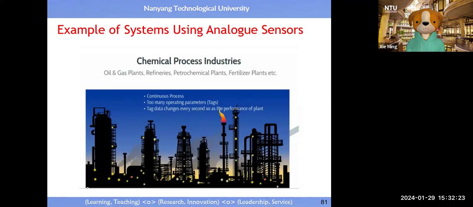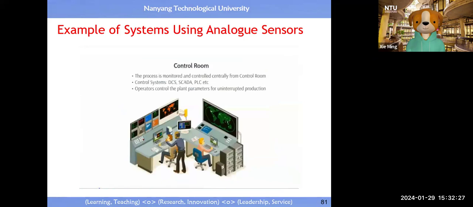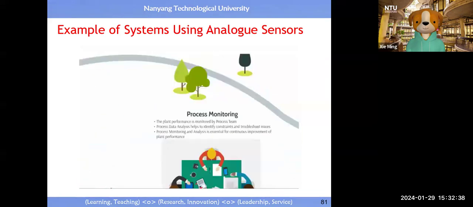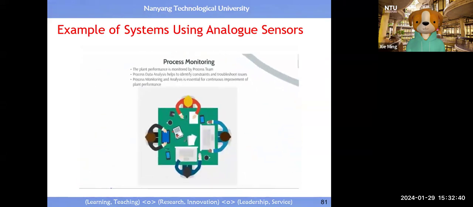These operating parameters are often called tags. Plant operators monitor and control the process conditions through process control systems like DCS, SCADA, PLC, etc. The process team monitors the plant operation and performance by calculations and data analysis.